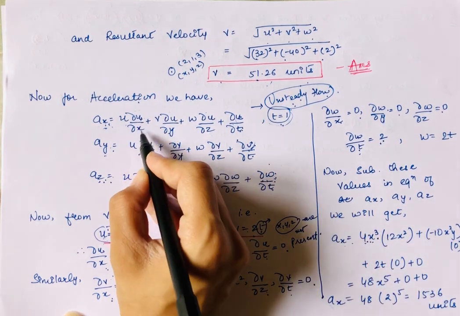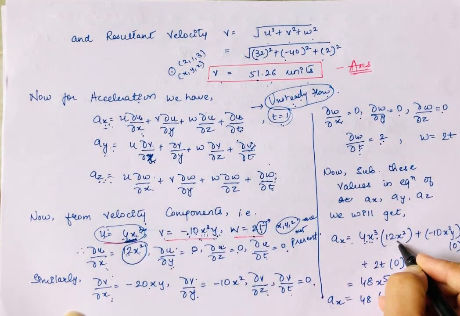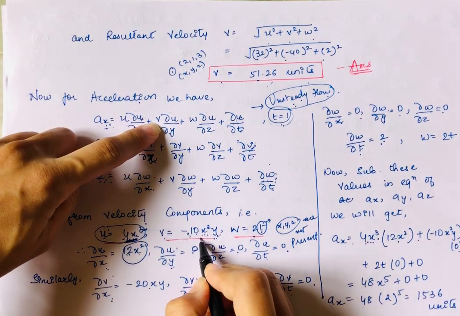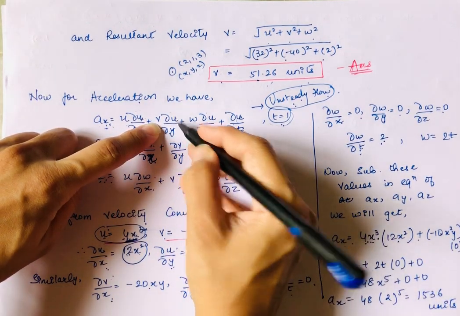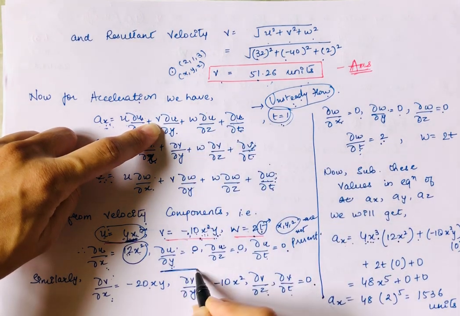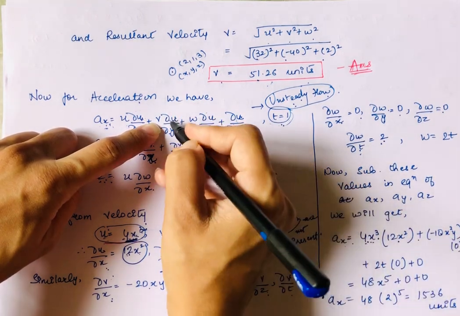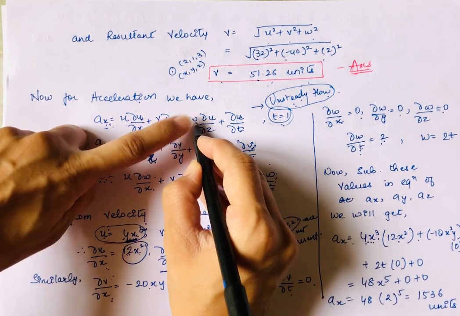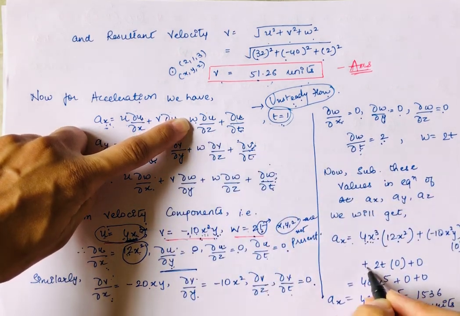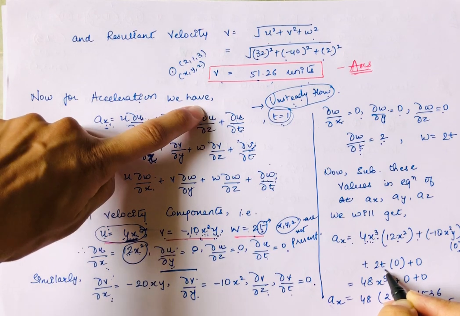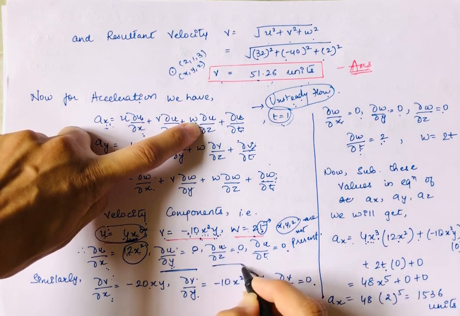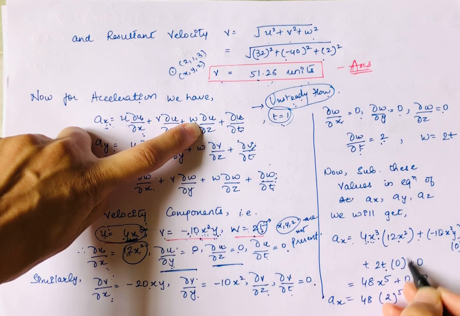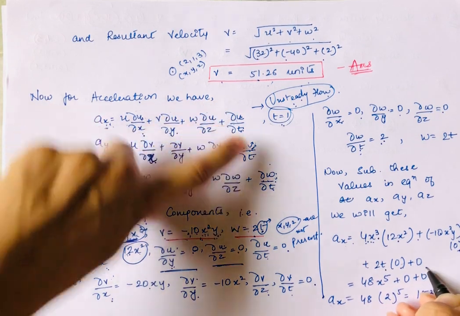So instead of del u by del x we will write 12x square, plus v is minus 10x square y, and del u by del y is equal to 0. So in place of del u by del y we will write 0, plus w is equal to 2t. But again del u by del z is equal to 0. So 2t into 0, plus del u by del t is also 0.